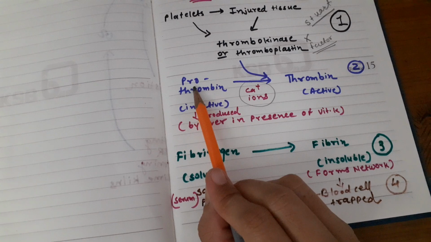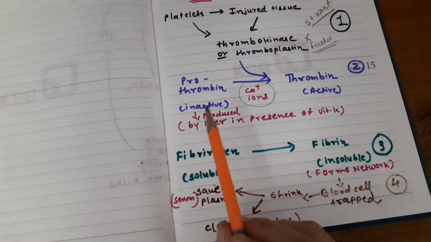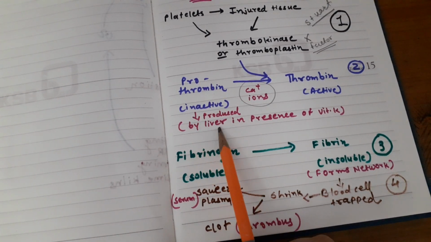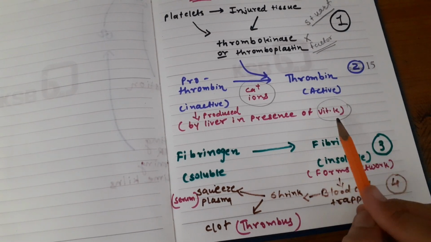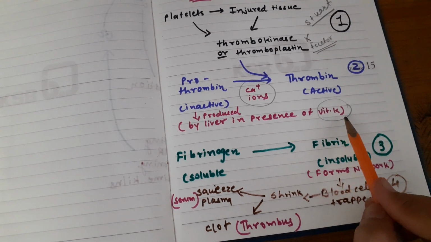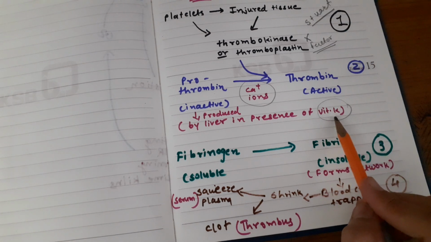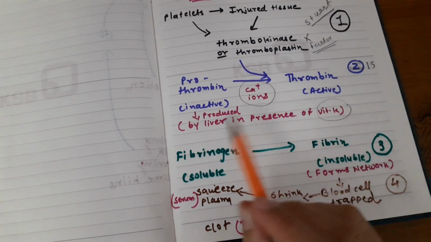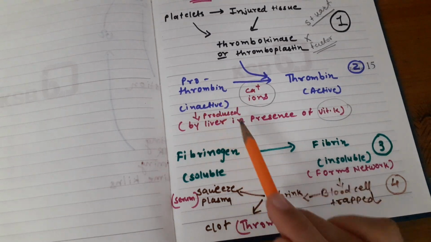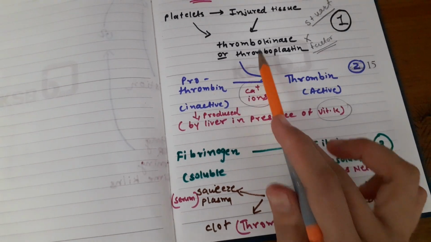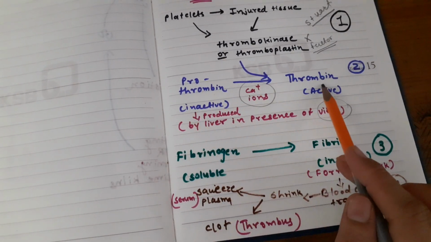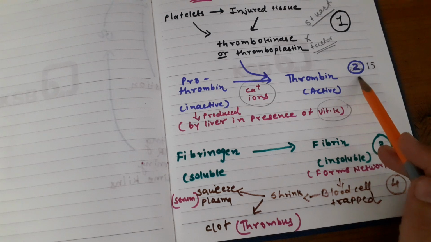Now, what is prothrombin? Only for information, it is produced by the liver in the presence of vitamin K. You know what vitamin K is? It's a fat soluble vitamin. So vitamin K is very essential for the production of prothrombin from the liver. So thrombokinase converts prothrombin into thrombin in the second step.